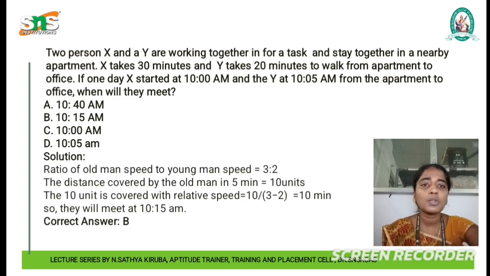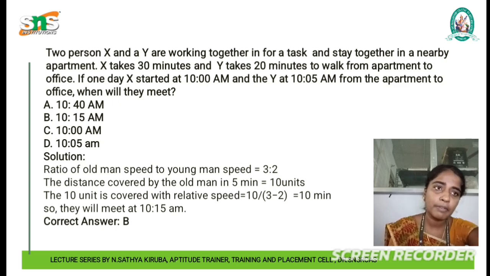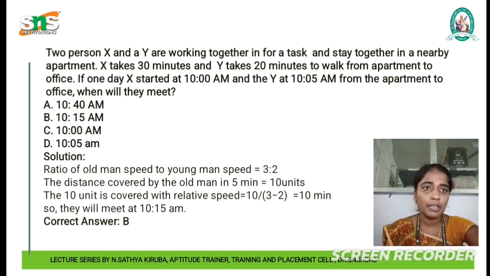So what we will do here: the ratio of the old man's speed to the young man's speed is 3:2, because 30 minutes is to 20 minutes is 3:2. The distance covered by the old man in 5 minutes, if the old man covers that in 5 minutes, then the young man is going to cover 10 units.